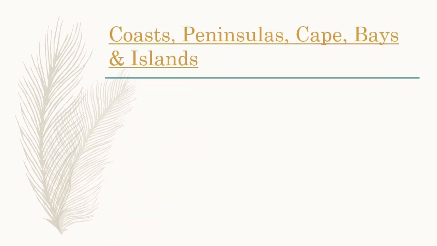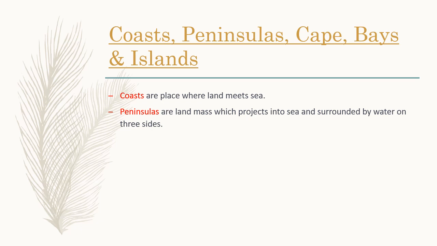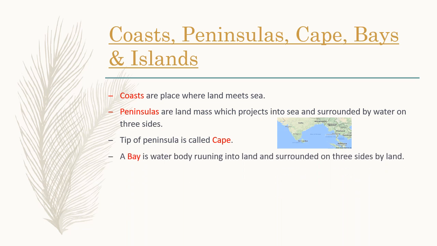Now we will see coasts, peninsulas, capes, bays and islands. Coasts are the places where land meets the sea. Peninsulas are land masses which project into the sea and are surrounded by water on three sides. The tip of a peninsula is called a cape, like Cape Kanyakumari or Comorin.